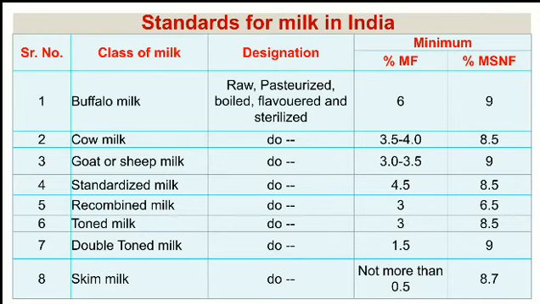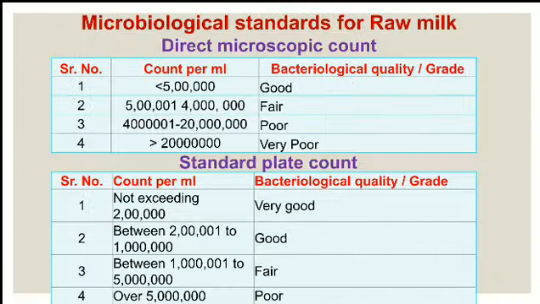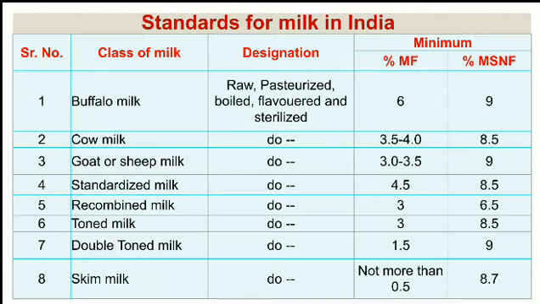In double toned milk, the milk fat should be 1.5% and SNF should be 9%. The next one is the skim milk. In skim milk, the milk fat should be not more than 0.5% and the SNF should be 8.7%. These are the standards for milk in India.